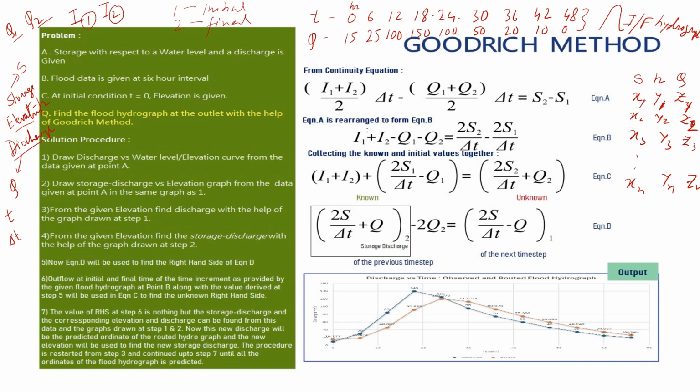When it enters the reservoir, that is your zeroth hour, and until 48 hours inflow takes place constantly due to that rainfall. Up to 48 hours it is recorded, and after that there is no change in discharge. It is assumed that the resultant discharge has already entered the reservoir.